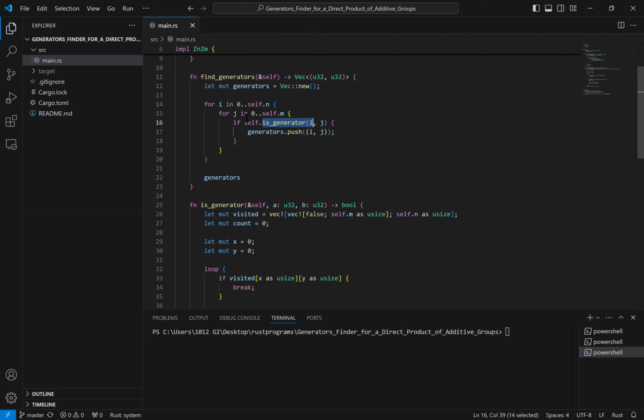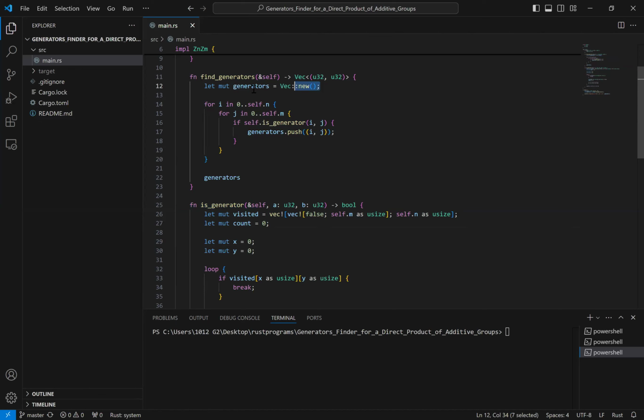This one combines 1, 2. After combining, it sends a message to this to find out whether (1, 2) is a generator. So this will now check to see whether (1, 2) is a generator. Once it finds that (1, 2) is a generator, this one gets the message that (1, 2) is a generator, and then pushes it here.